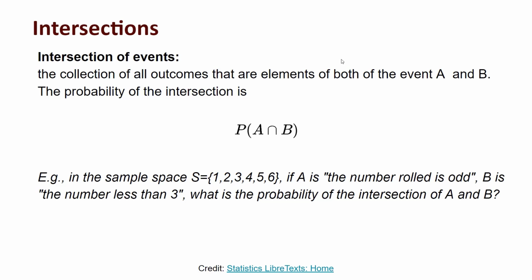If A is the event defined as an odd number, and B is a number less than 3: for A to happen, you have 3 possibilities, basically 1, 3, and 5. And for B, a number less than 3, you have 1 and 2 as possibilities.